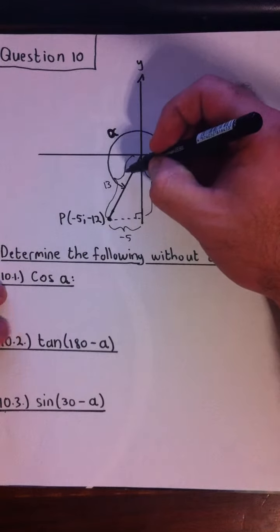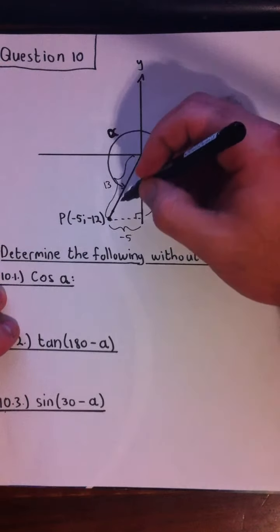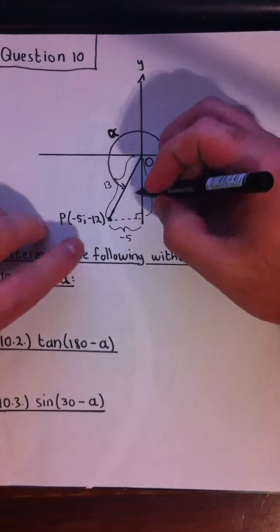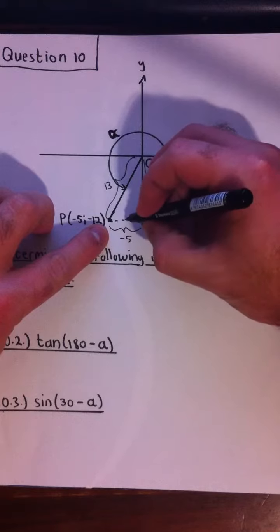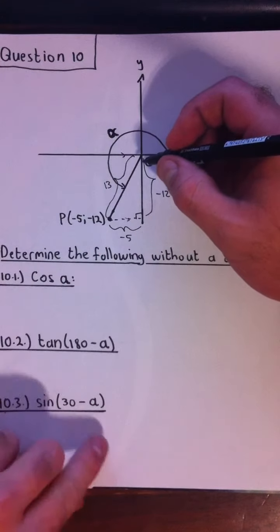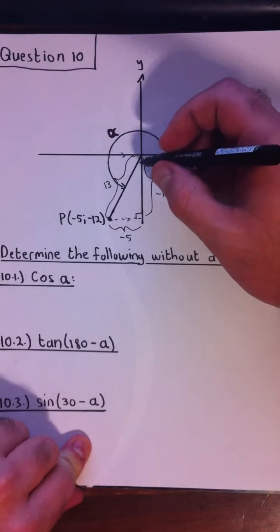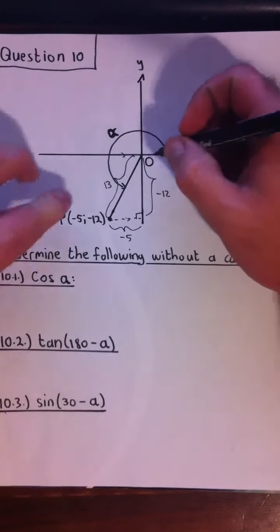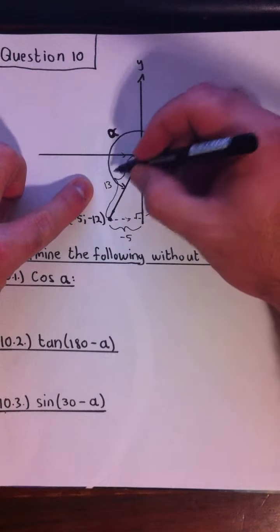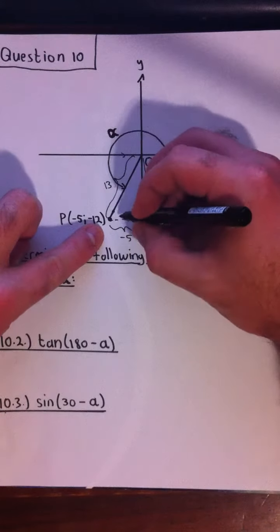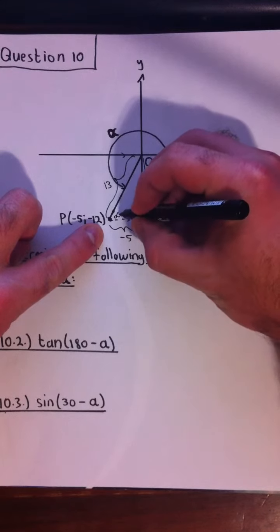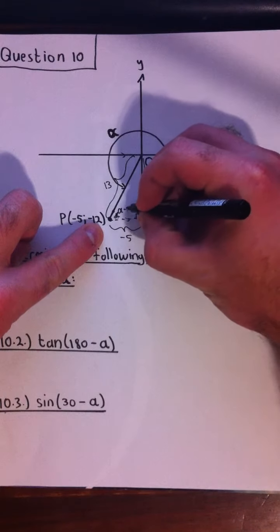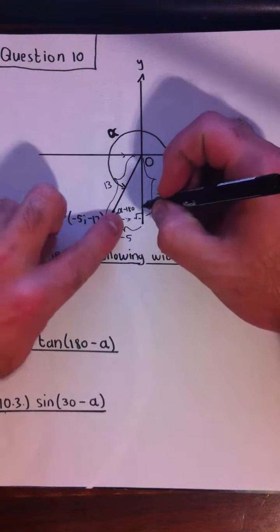And now how does that correlate to this angle here? Well, because this line is parallel to the x-axis, that tells us that this angle and this angle are the same. So if this angle is alpha minus 180, so is this one. So this is alpha minus 180 in this corner.